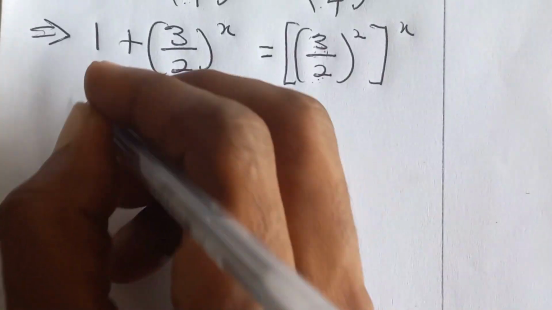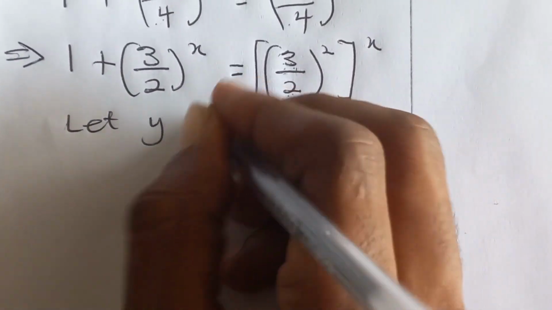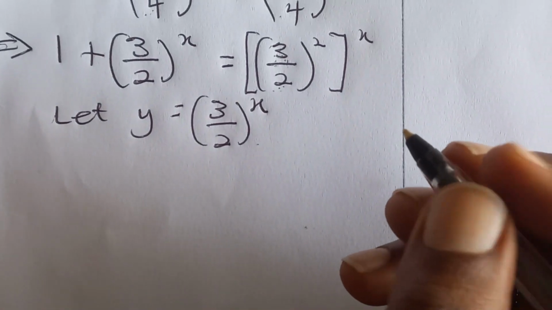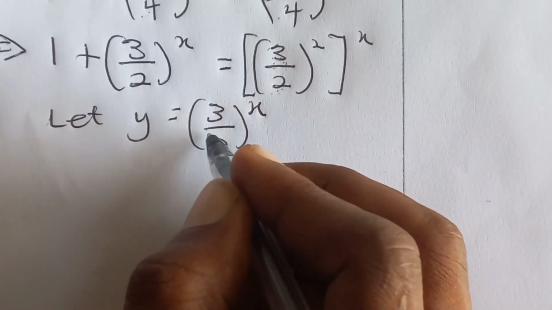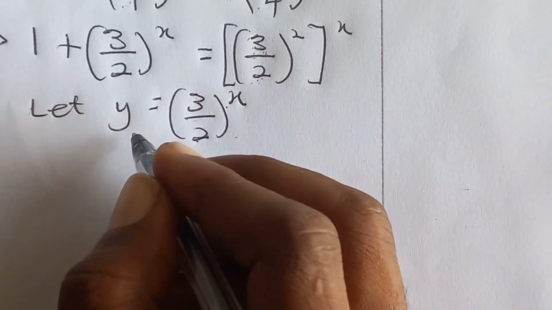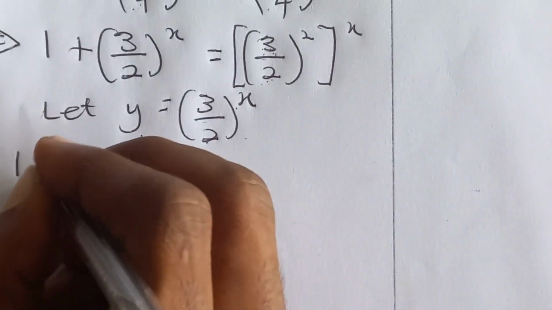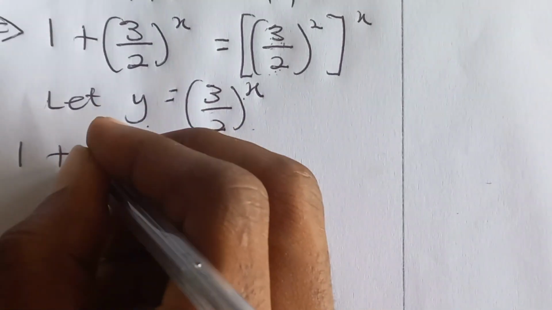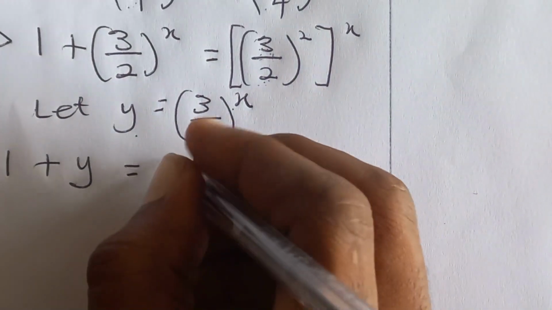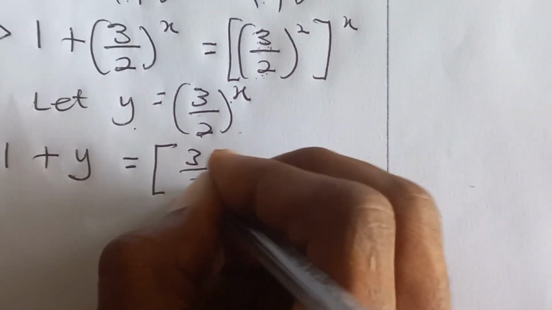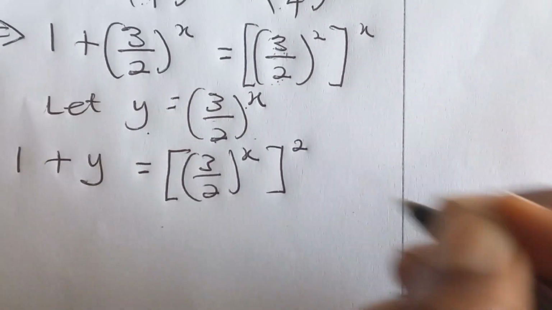So with this, we let y is equal to 3 on 2 exponent x. It means that wherever we see (3 on 2) exponent x, we represent it by y. So we get 1 plus y is equal to, don't forget, this expression we can rewrite as (3 on 2) exponent x, exponent 2.